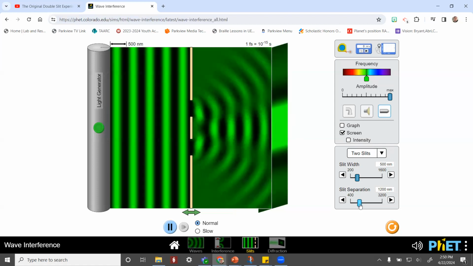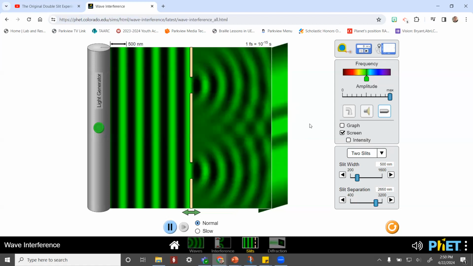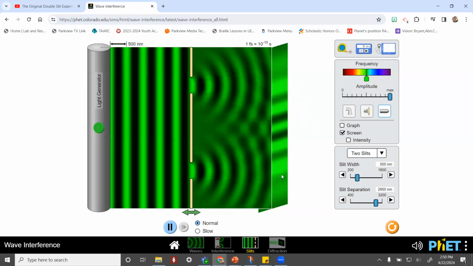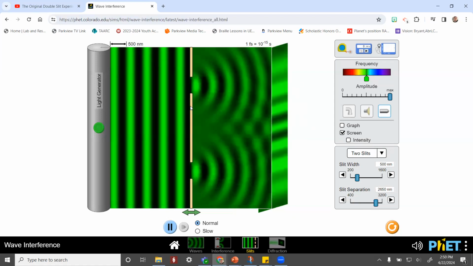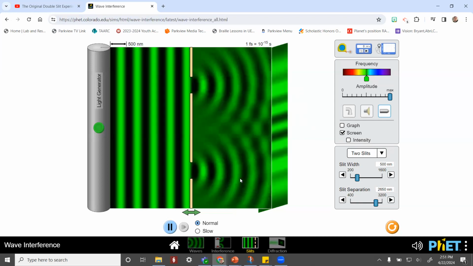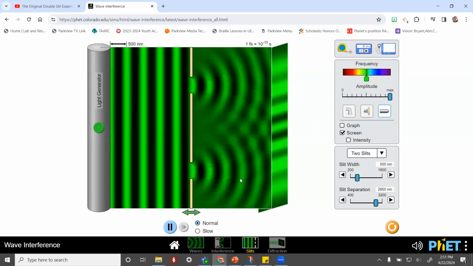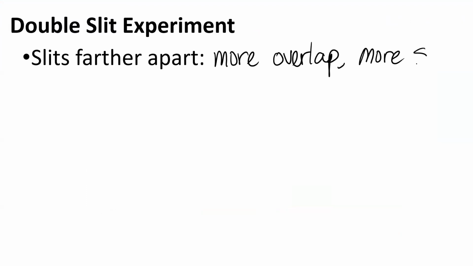But if I pull those further apart, you'll see immediately more spots come in, because if the slits are further apart from each other, there are more opportunities for them to overlap with each other, so you get more spots. All right, so slits further apart means that there is more overlap, and so more spots.